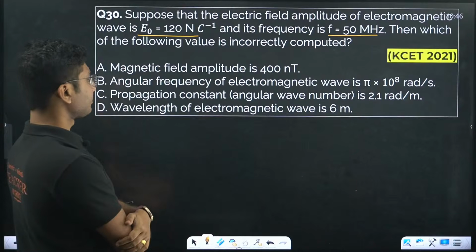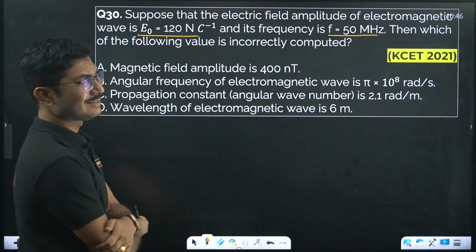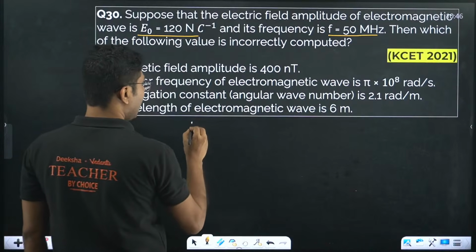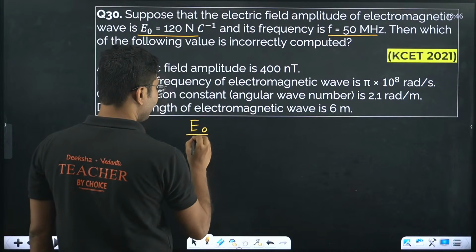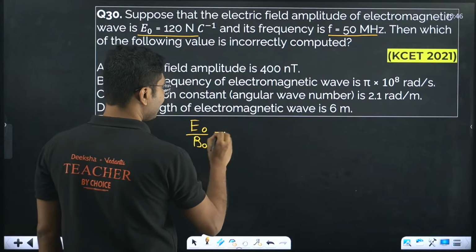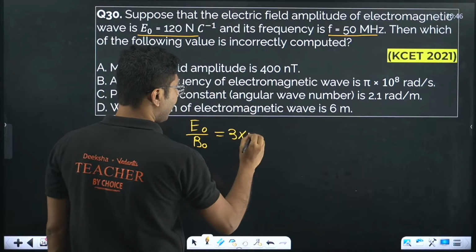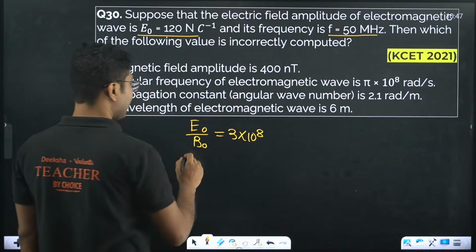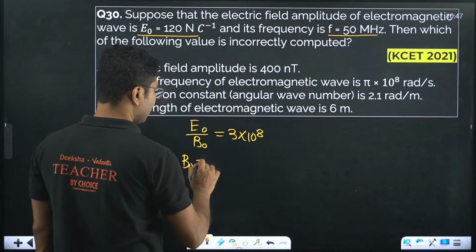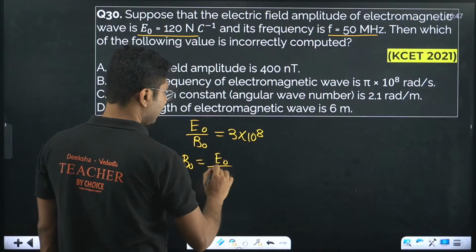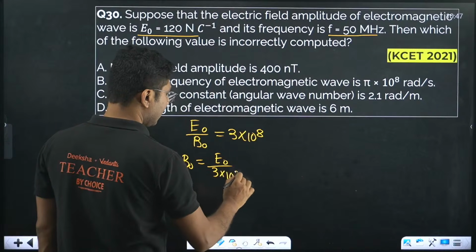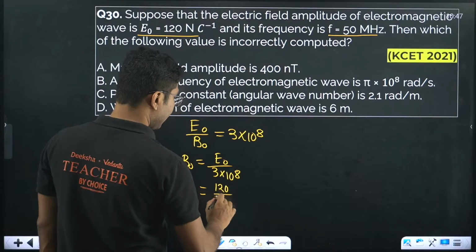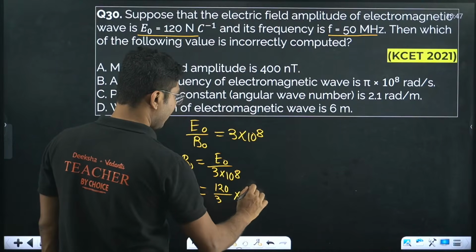Okay, electric field is known. If you divide by magnetic field, you should get 3 into 10 to the power of 8, the speed of light. So from here you can say that B0 equals E0 by 3 into 10 to the power of 8, or 120 divided by 3 into 10 to the power of 8.